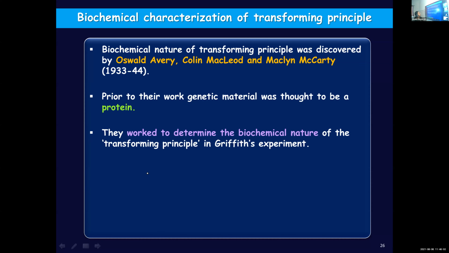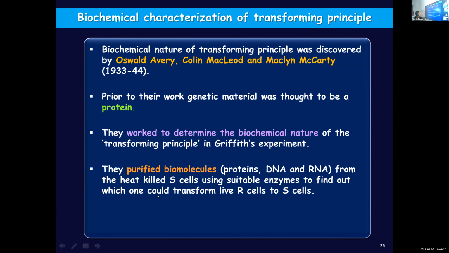They worked to determine the biochemical nature of the transforming principle in Griffith's experiment. So the assumption was that this could be a protein, but that was not based on any experimental proof, and later they conducted studies to prove it. They purified biomolecules, the different molecules which make up a living organism, the main biomolecules like proteins, DNA and RNA.